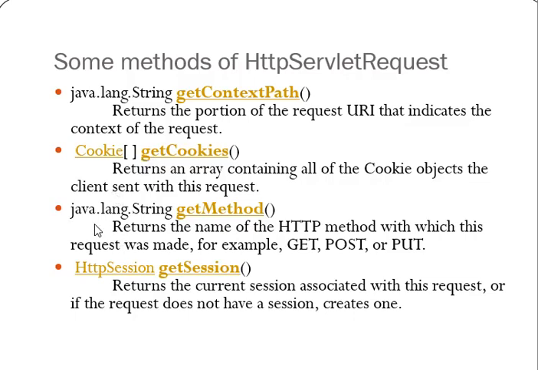Similarly, we can extract the method from a request object. We can extract whether it is a get, post, or put method. That can be retrieved here. Session information can be extracted using get session. This returns the current session associated with the request.